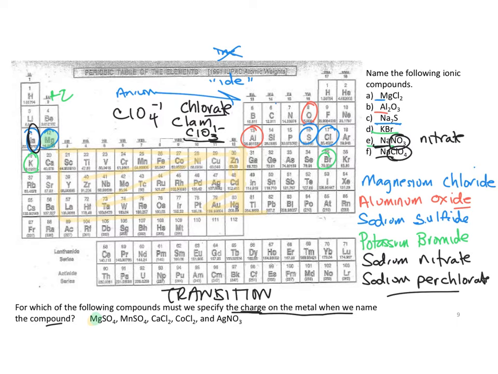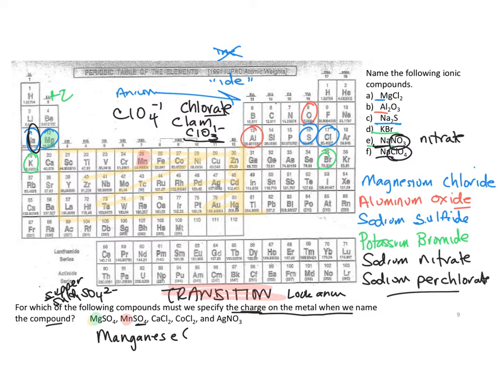Manganese, Mn, manganese. Okay, so it is in the transition metal area. So that has to be a variable charge, and so when we write the name of that, we write manganese, and then we have to put the charge in parentheses. And so we have to look to the anion. Remember, you have to look to the anion. So you have SO4, which is a 2 minus, because you think of supper, and that's sulfate.